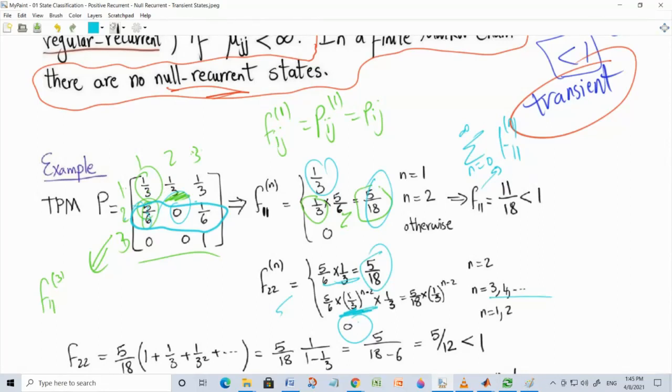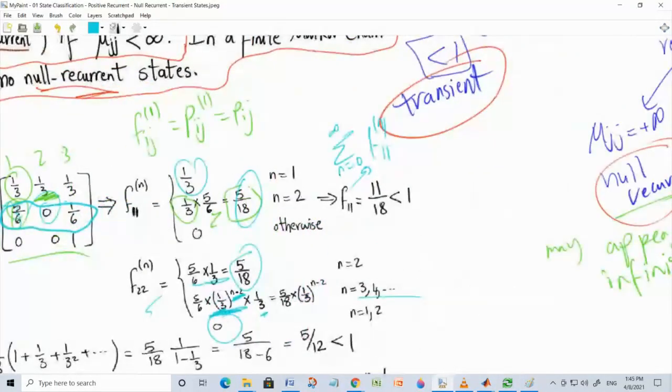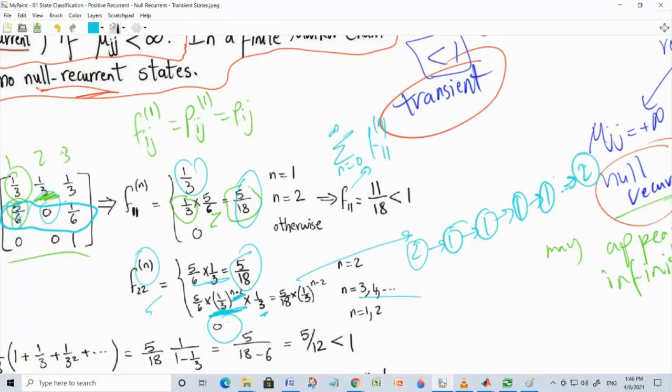So you do those transitions from 1 to 1 for n minus 2 times, and then you go back from 1 to 2. So this event is like you go from 2 to 1, then you keep 1, 1, 1, with the number of steps that matches the n here, and then you go back to 2.